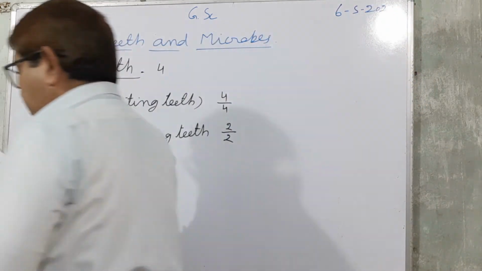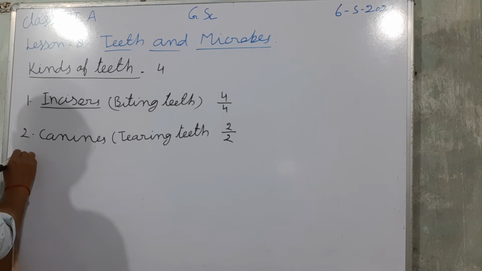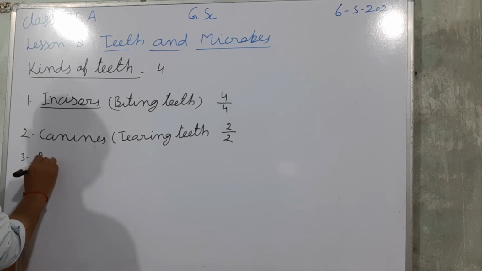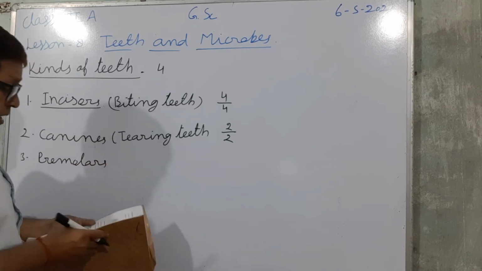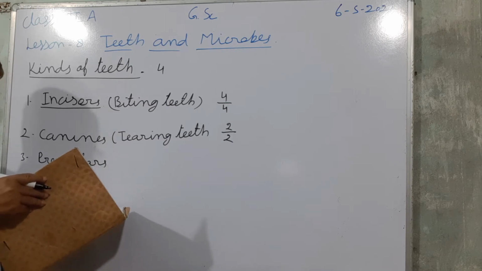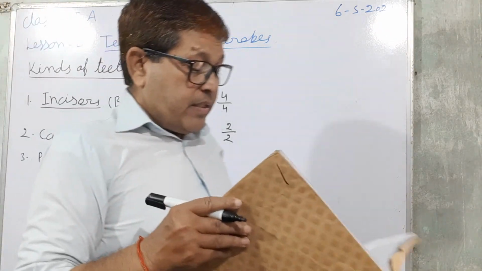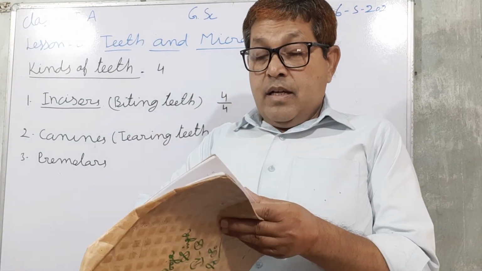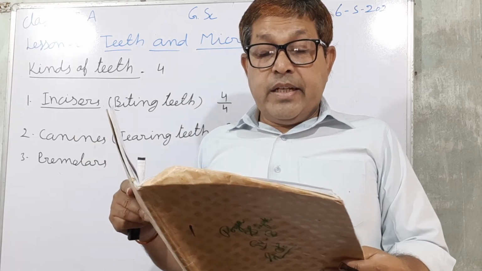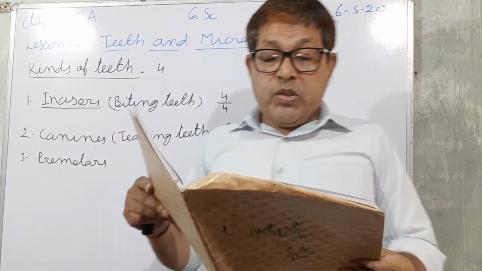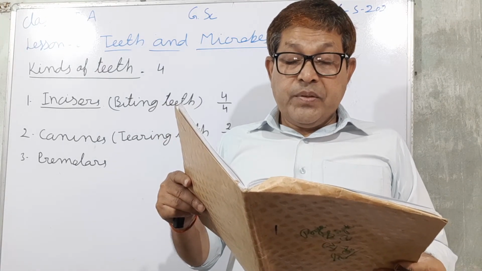And after that, the next teeth are premolars. Third, premolars. Premolars are on either side next to the canines in each jaw.